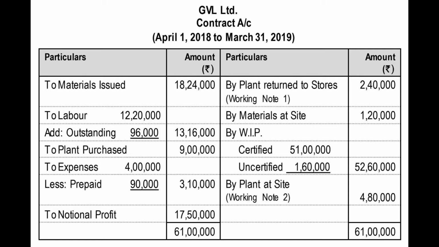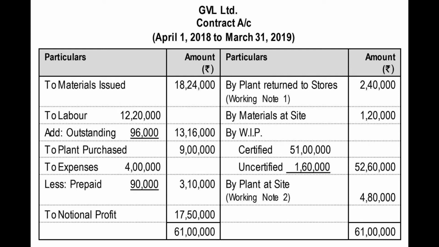Here both are given in the problem. So go to credit side, write by work in progress. Under that certified, inner column write 51 lakh. Under that uncertified 1,60,000. Add certified and uncertified, update in the outer column 52,60,000.